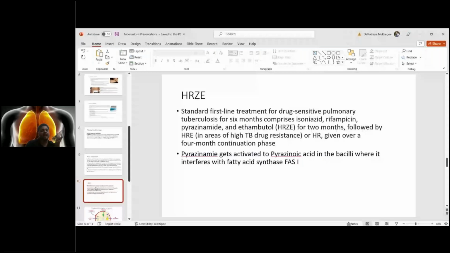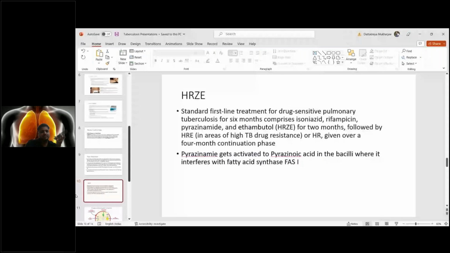So what is the mechanism of action, MOA, of these drugs? Pyrazinamide gets activated to pyrazinoic acid in the bacilli, where it interferes with fatty acid synthesis phase 1.